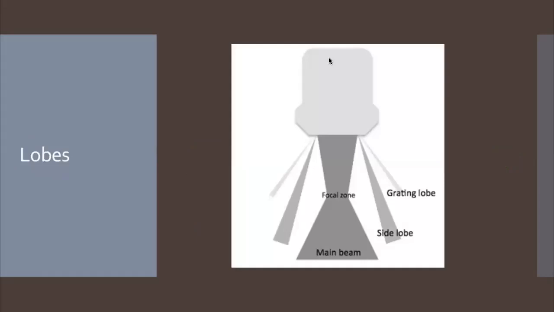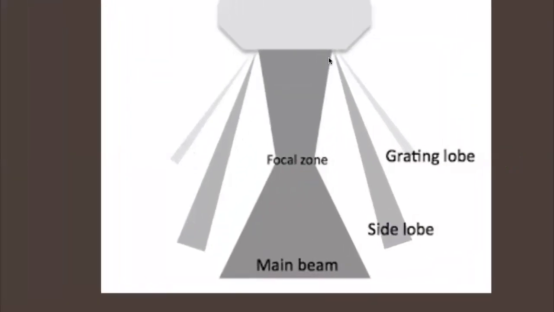Okay, so now we're going to talk about something else that has nothing to do with anything we've learned so far. We're going to talk about something called lobes. Lobes are extra ultrasound beams, little ultrasound beams that go off in different directions away from the beam's main axis.